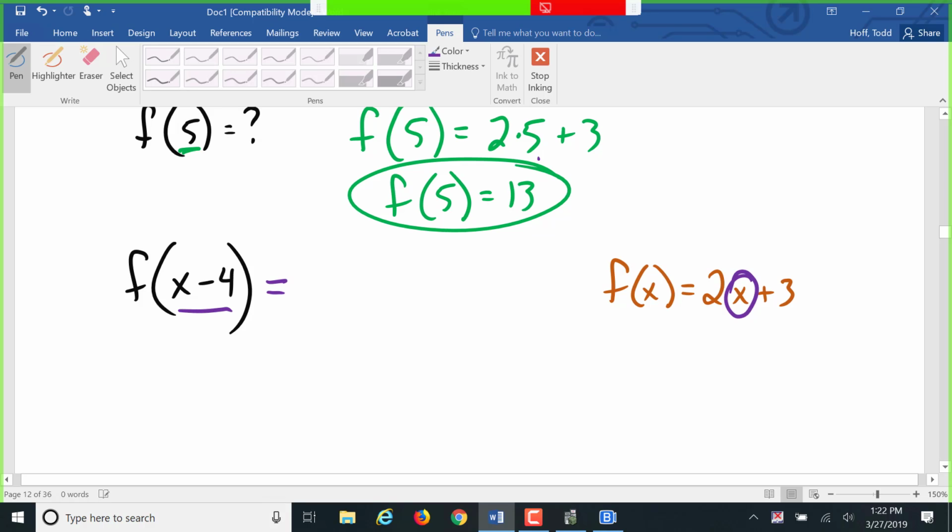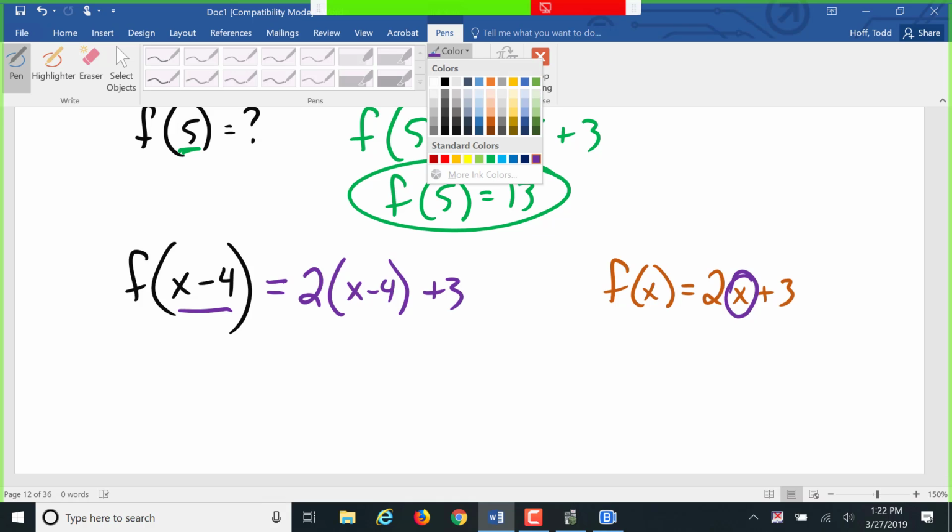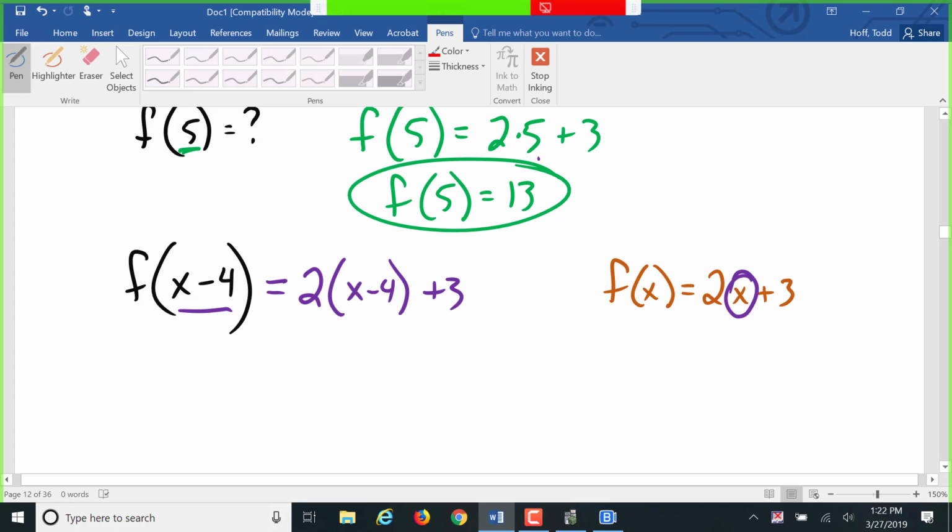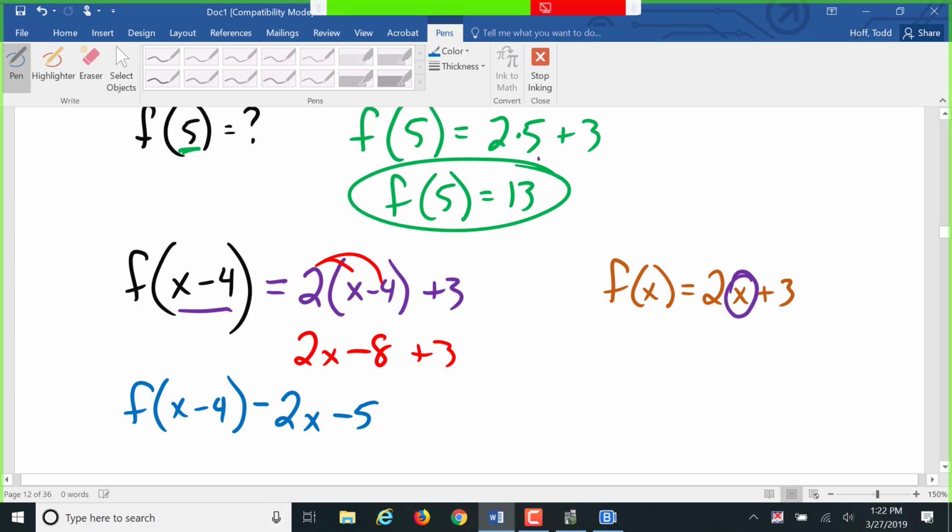X minus 4. So instead of 2 times x, this is 2 times x minus 4 plus 3. And of course, we could do some simplifying there. Distributing the 2, you got 2x minus 8 plus 3 gives you 2x minus 5. So f of x minus 4 is 2x minus 5.